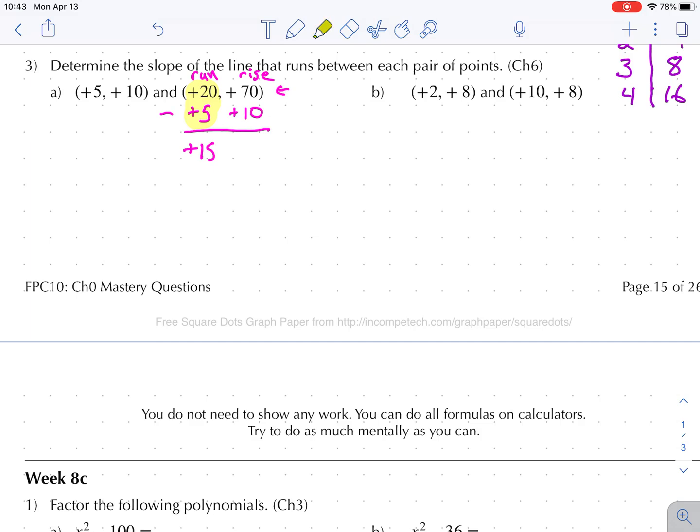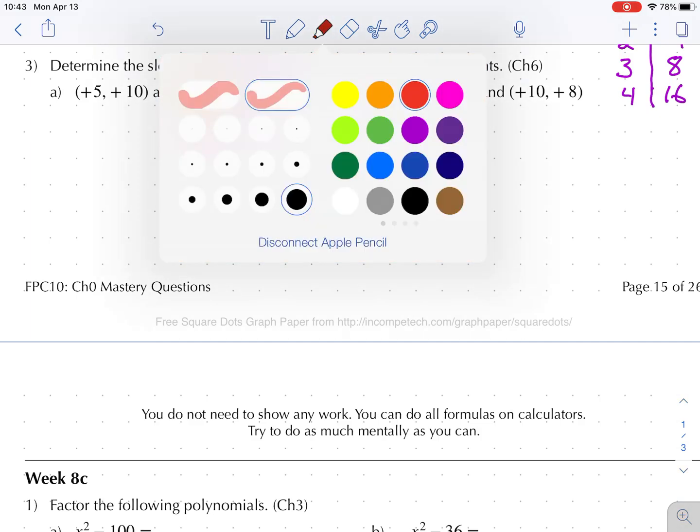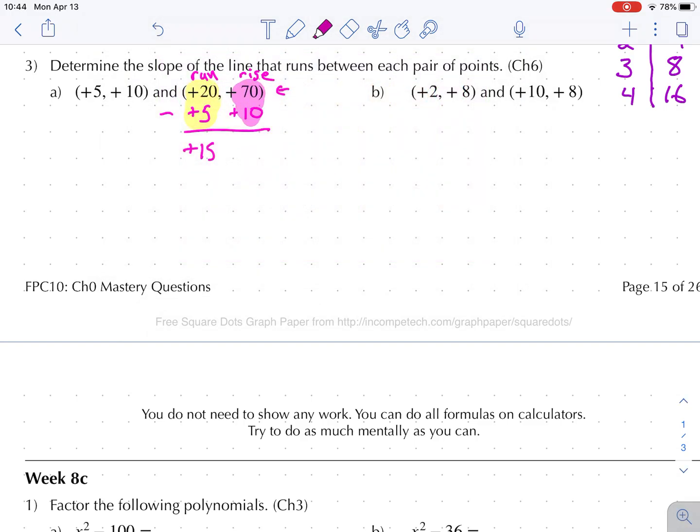And then for the rise, I do plus 70 minus plus 10. And that will give me a rise of plus 60. Not 16, 60. So my slope, rise over run, in this case will be plus 60 over my run of plus 15. My slope will equal 4.